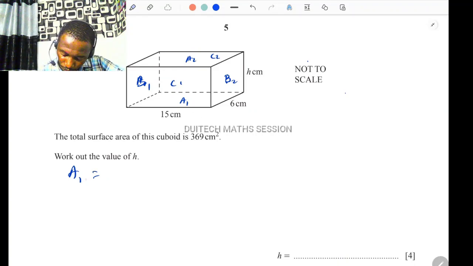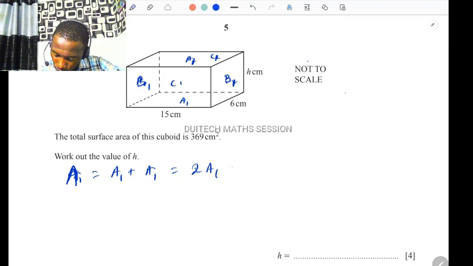The area for A is equal to A1 plus A1. Okay, let me just use A1, B1, C1 like that. So A1 plus A1 becomes 2A1, and that is the same thing as 2 in bracket length times breadth.